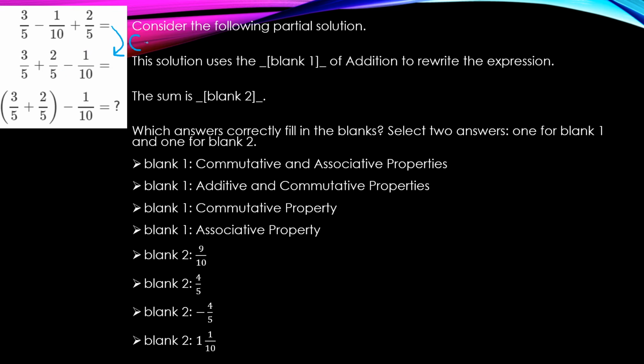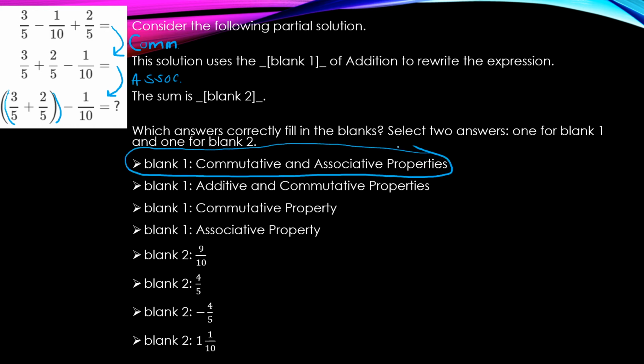So this is me using the commutative. However, when I go from this second step to this third one, I am adding in this set of parentheses. So that is me using the associative property. So with this equation and partial solution, I'm actually using both the commutative and the associative properties.